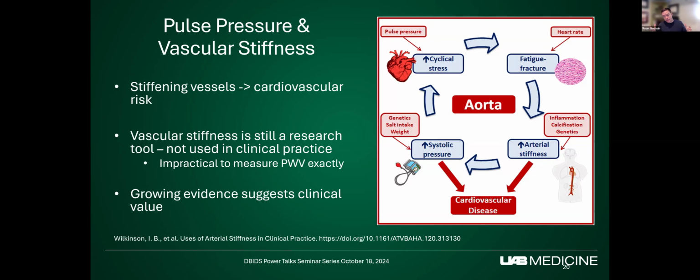So one of the projects that we've worked on and recently published a letter on is this idea of estimating vascular stiffness using this idea of pulse wave velocity. So as we age, our vessels don't work as well as they do when we're young, and that stiffening of the vasculature causes problems.